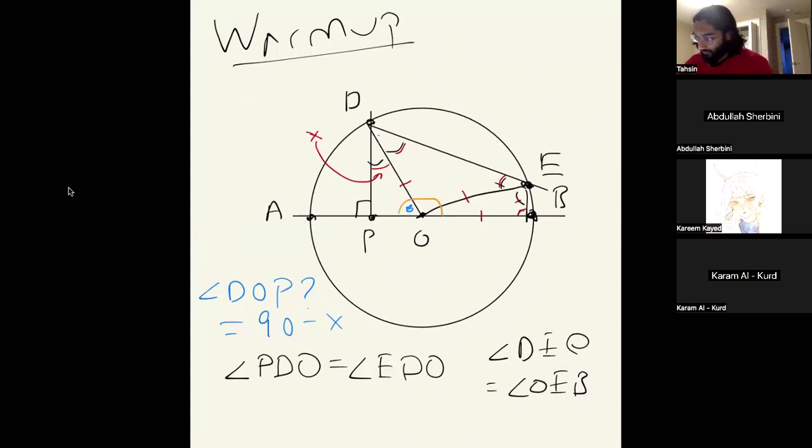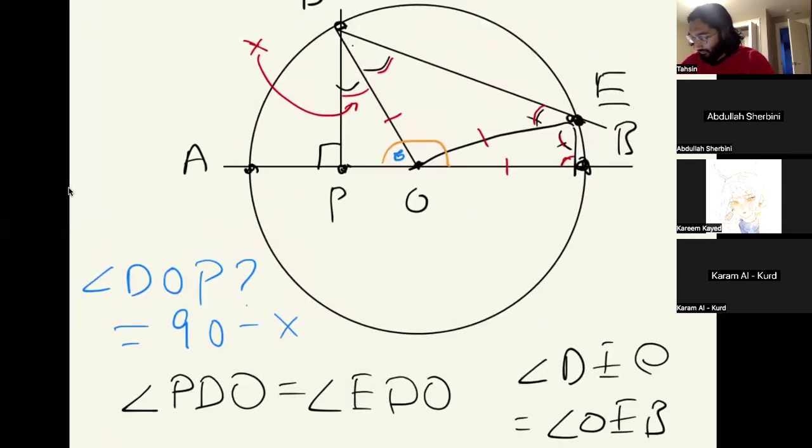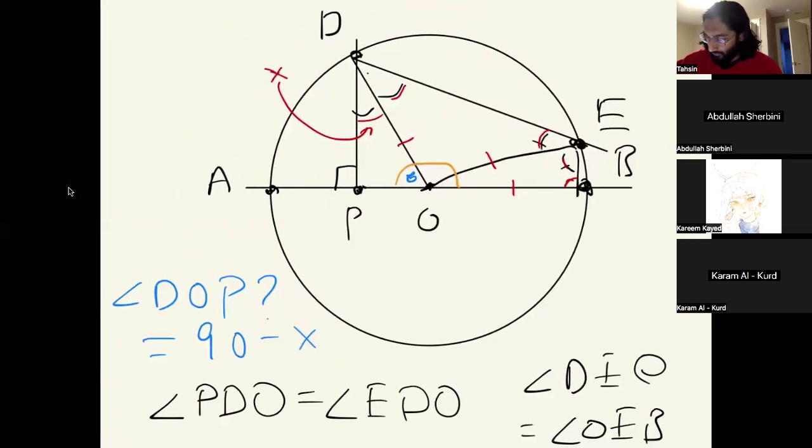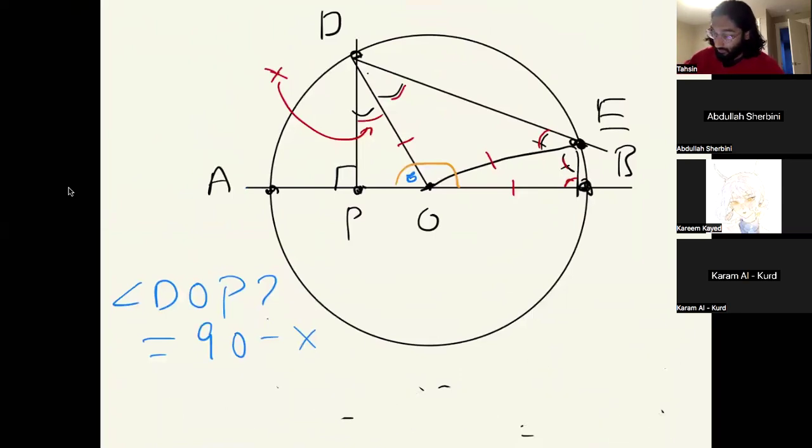So how can we do this? Angle POB is equal to... we should split into three angles, right?